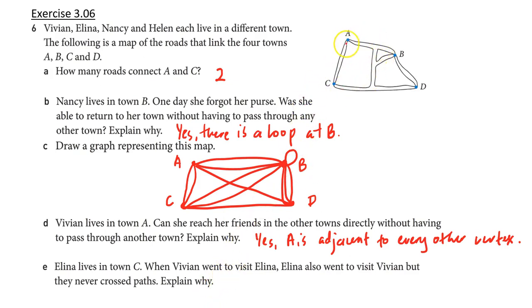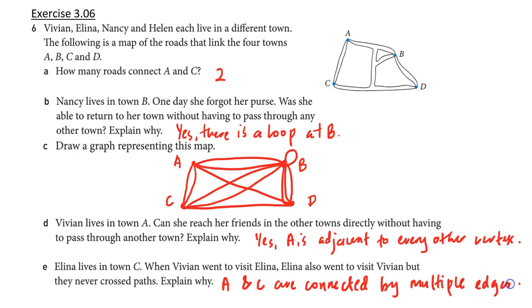Yes, because A and C are connected by more than 1 route, which is the definition of multiple edges. So the answer is A and C. So this will be the answer for 6.